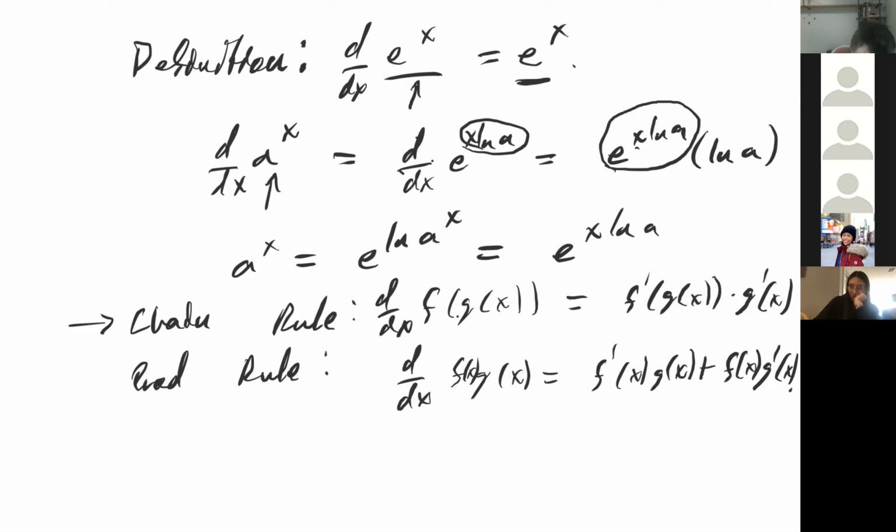Sorry, e to the x ln a is equal to a to the x. So we end up with a to the x ln a, and that's your formula.